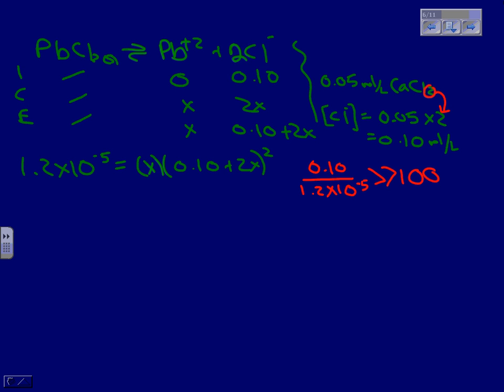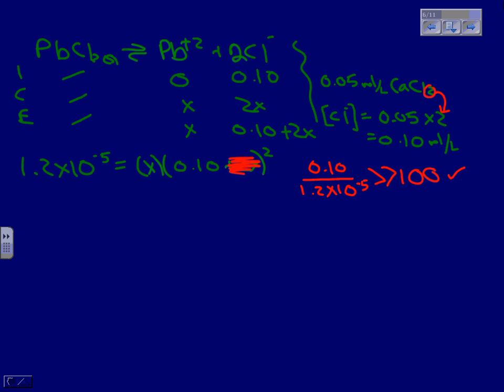The approximation is good. What can I say is essentially 0? Which value? Yeah, it's the plus 2x. This thing is tiny. Can't make the other one 0. The whole thing becomes 0 if that happens.